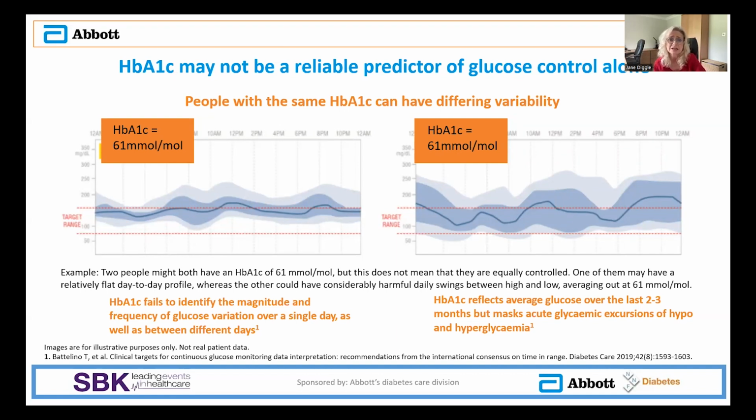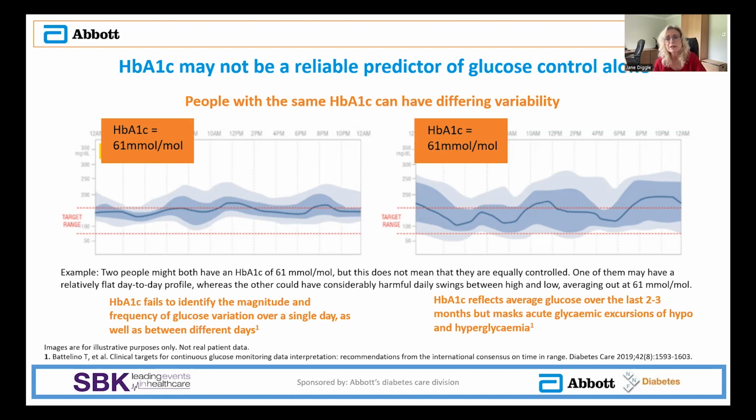So in this slide, you can see two people, and they are sharing exactly the same HbA1c, which is 61 millimoles per mole. But if we actually look at what's happening to their glucose levels throughout the day, which we refer to as their glucose profile, across many days, you can see that the two graphs are very different despite exactly the same HbA1c.